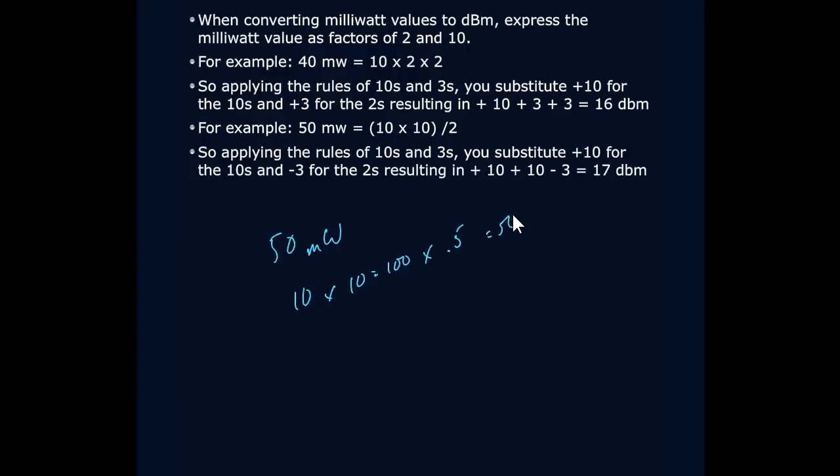Okay, so that works. So every time we multiply by 10, we're going to add 10. So 10 plus 10 in terms of decibels, and then plus, I always think of everything as pluses, a negative 3. Remember, 0.5, negative 3. So it's on the negative decibel side. So that's 20 minus 3 is going to be equal to our 17 decibels.